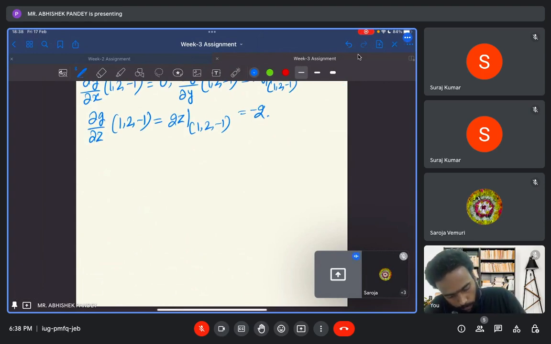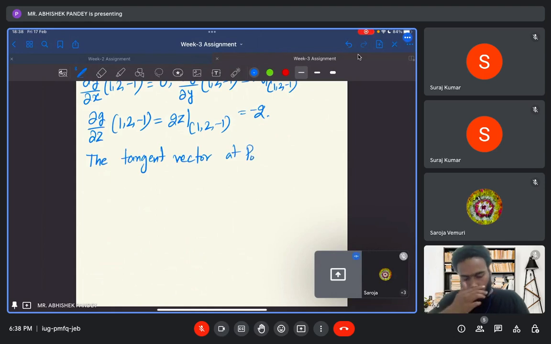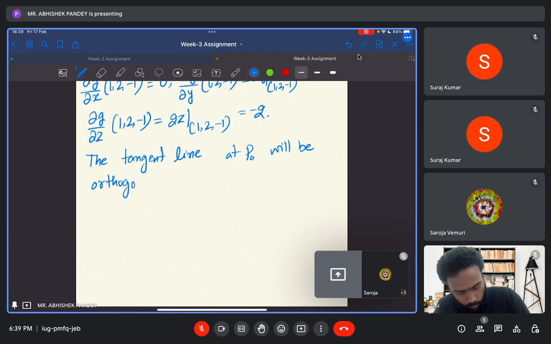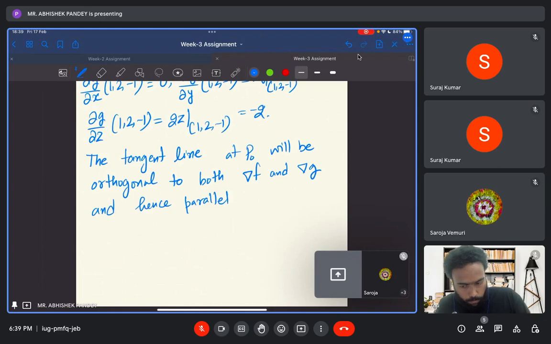So the tangent line at p naught will be orthogonal to both del f and del g, and hence parallel to del f cross del g, okay.